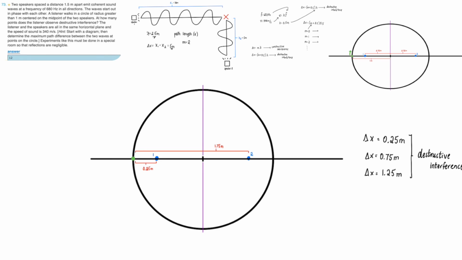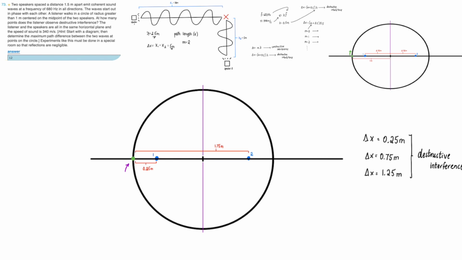Now if the listener were to be at the green dot that I've drawn here, then the distance that the sound would have to travel from speaker 2 to the listener would be 1.75 meters. So the path length of the sound produced by speaker 2 would be 1.75 meters, whereas the distance that the sound would have to travel from speaker 1 to the listener would be 0.25 meters.